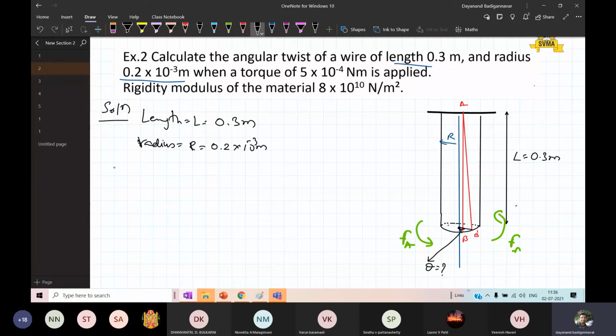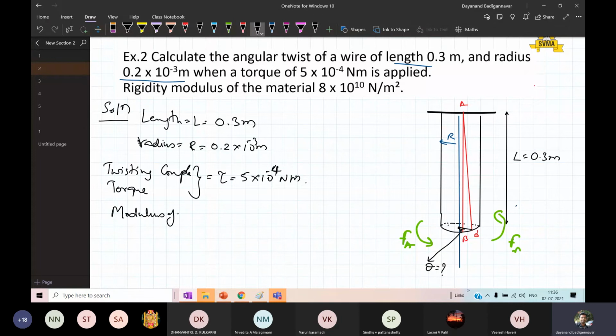Torque that is produced or applied, or the twisting couple, or the torque, tau is equal to 5 into 10 to the power of minus 4 Newton meter. This is the value. Calculate, given the rigidity of the material. Modulus of rigidity or rigidity modulus mean the same. So modulus of rigidity.